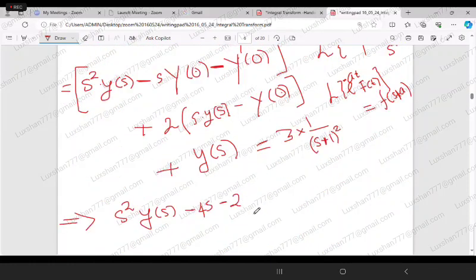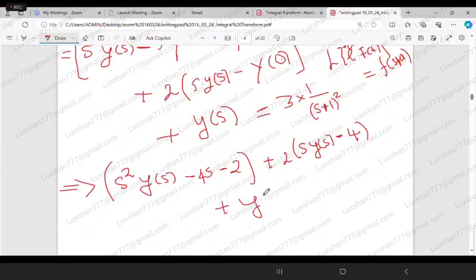So that is the first part, plus 2 into s Y(s), there is no change in that, minus y(0) equal to 4, plus Y(s) is equal to 3 over s plus 1 whole square.